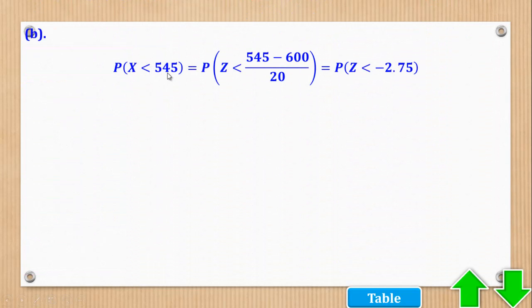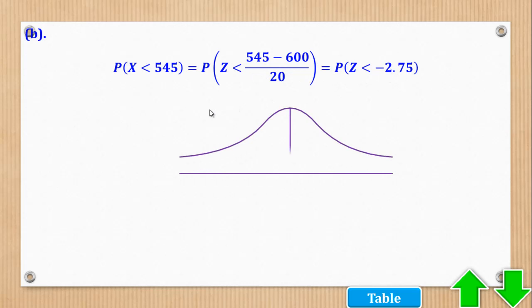So X less than 545, you standardize to get this. Then you draw your standard normal curve. It's a negative and it's less. So that probability is that, and this one is 0.5 minus phi 2.75.